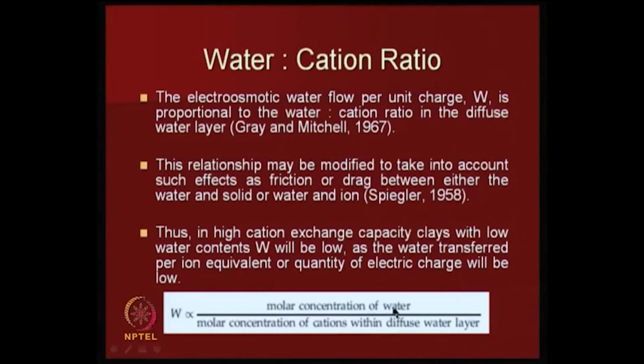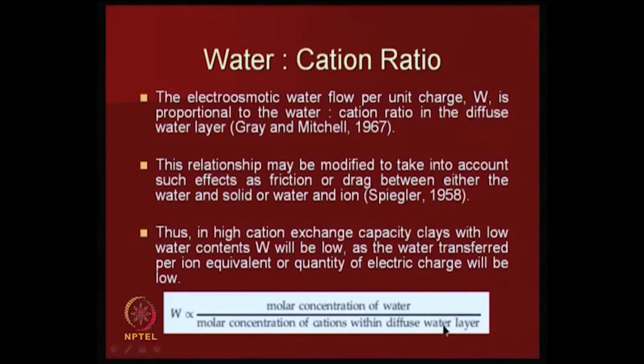We know what molarity is. Molarity is nothing but one molecular weight dissolved in 1 liter of water, or the solute or whatever. So, we essentially need to understand those terminologies. As we can see, the amount of water you can get out of this system is a function of the molar concentration of the water, and is inversely proportional to the molar concentration of cations within the diffuse double layer.